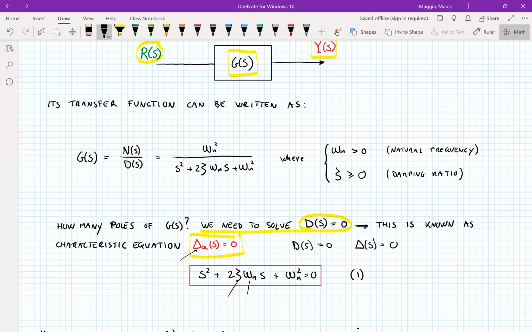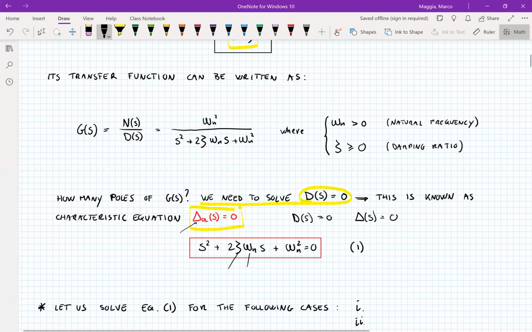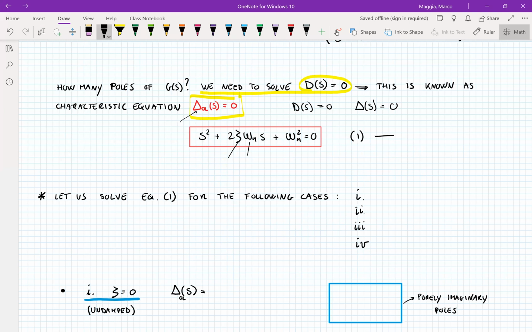We're going to solve equation 1 for different values of the damping ratio zeta. We're going to consider 4 cases. Case number 1, when zeta is equal to 0. This is also known as the undamped case, so there's no damping.